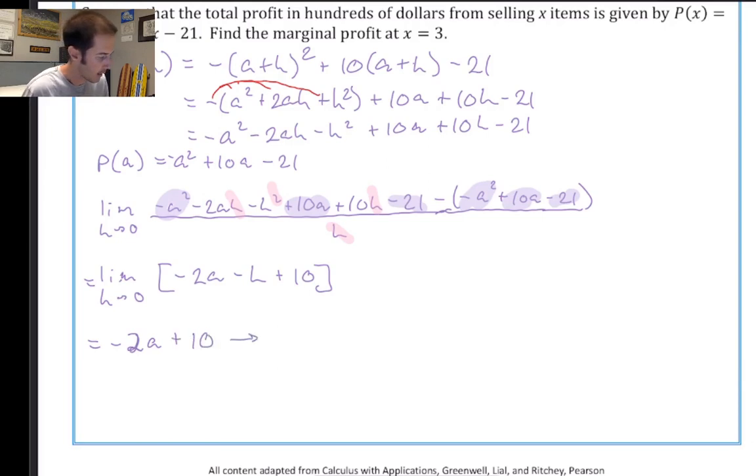And then we'll plug in our given a value, which is an x value of 3 up there at the top of your screen. So that 3 is going to come down here. A equals positive 3. So we've got negative 2 times positive 3 plus 10, which is negative 6 plus 10, which equals positive 4. So the marginal profit at x equals 3 is 4.